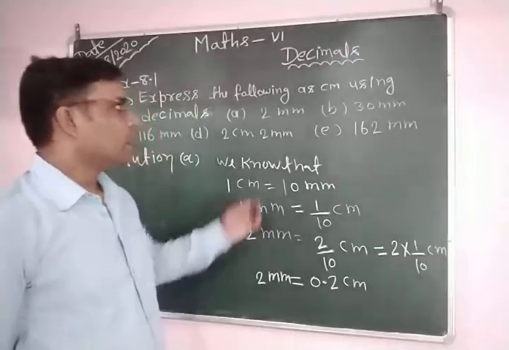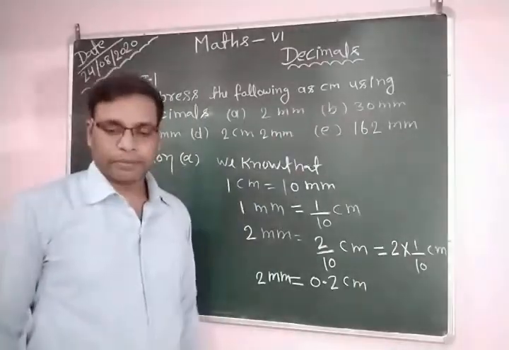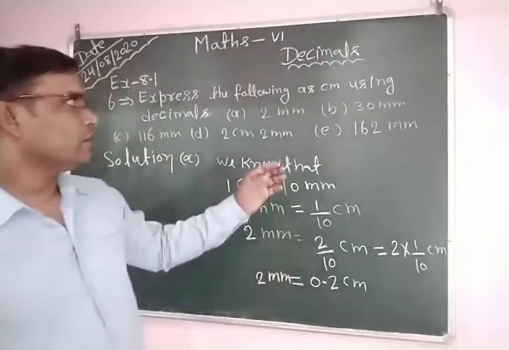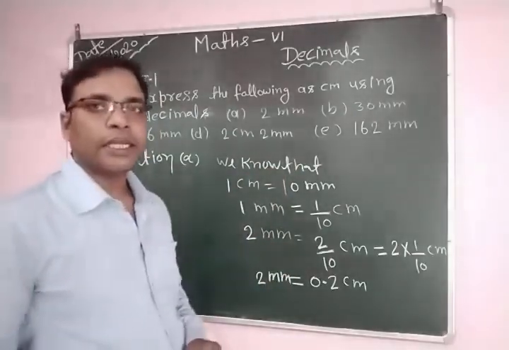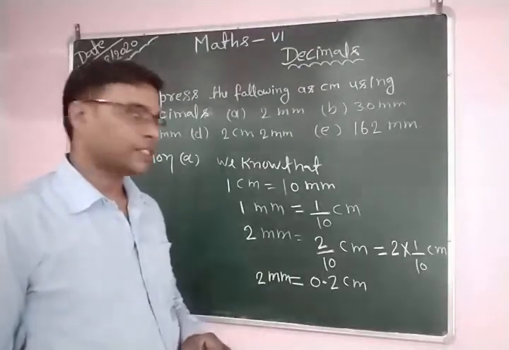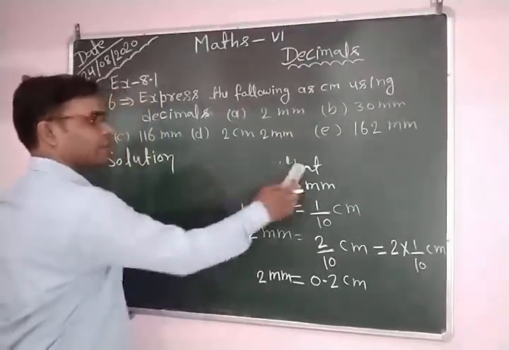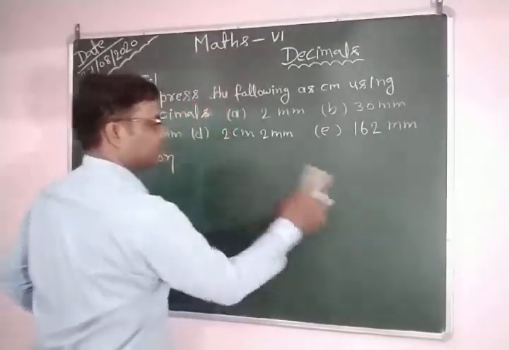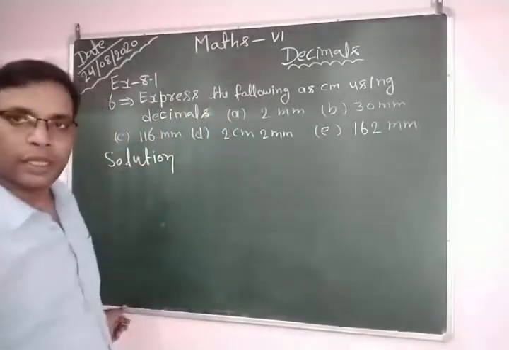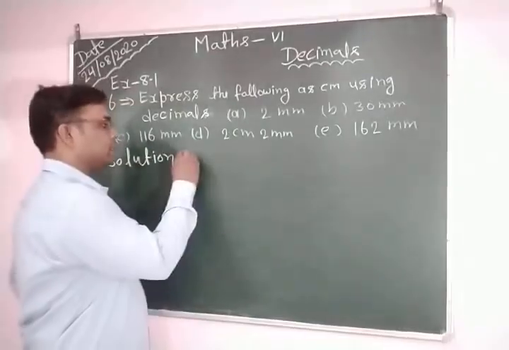For this we are given 30 millimeters. So let's see how to express 30 millimeters in centimeters using decimal. This is B part.